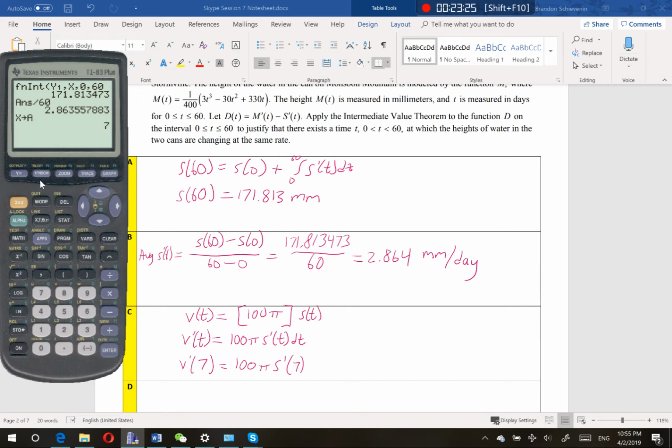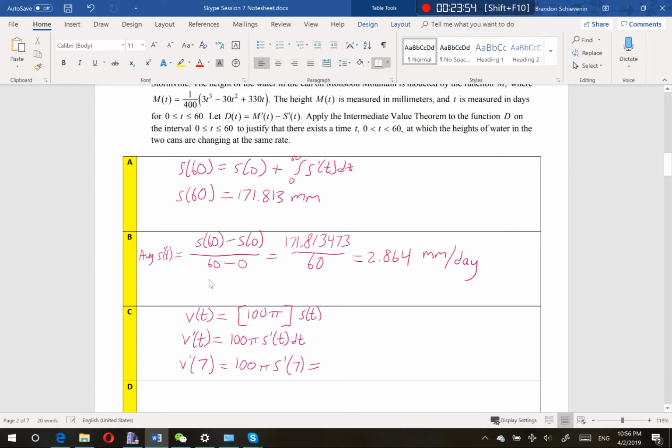That's not my y value. Okay, so there's our value, and I'm going to multiply that by 100 pi to get our v prime at 7.